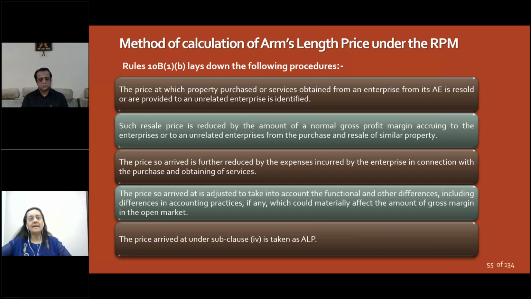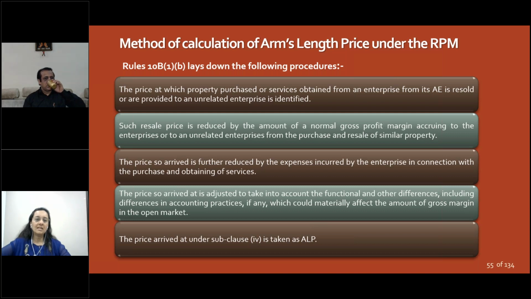RPM cannot be applied where the sale is to a related party. The first criterion of application of RPM is that the goods must be sold to an unrelated party. There is a case law available of Kihin India, in which the purchase of traded goods was from a related party, and sale of traded goods was also to a related party, with no substantial value addition by the trader.